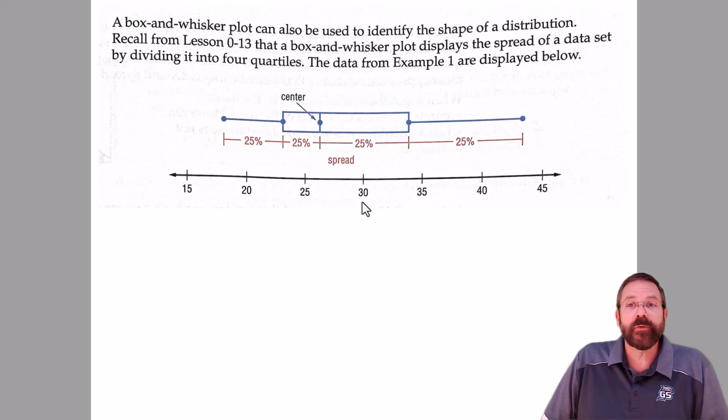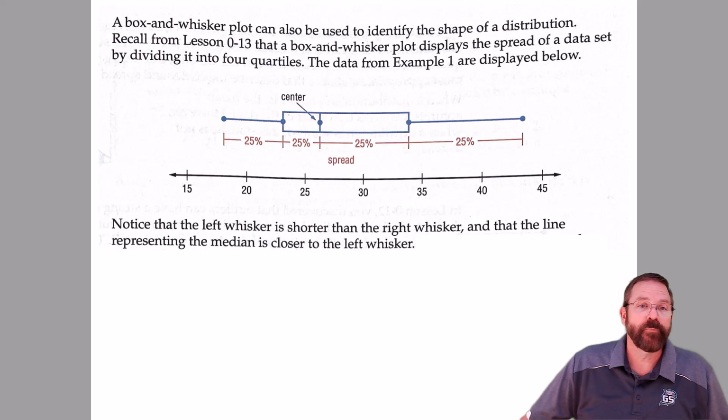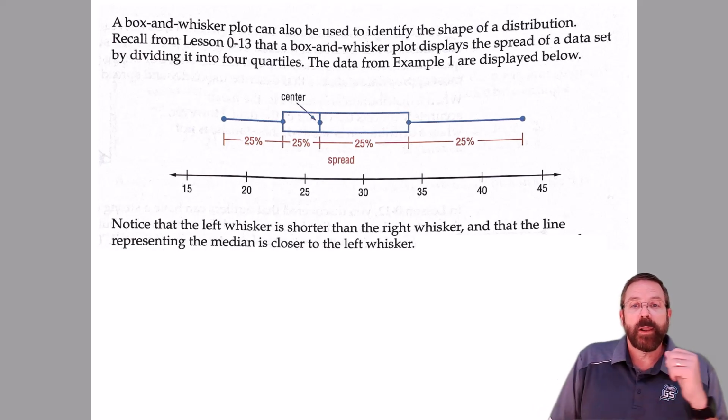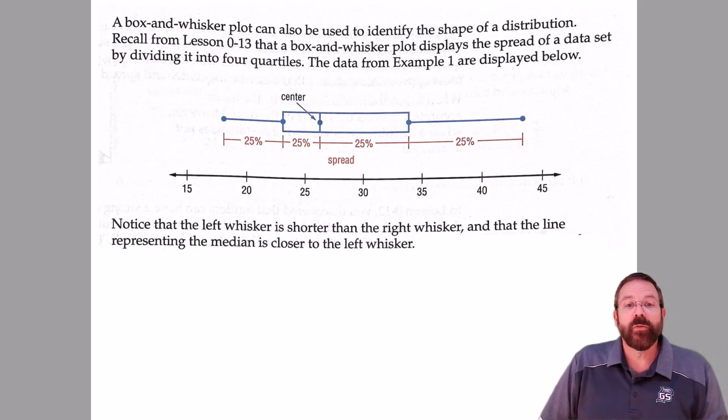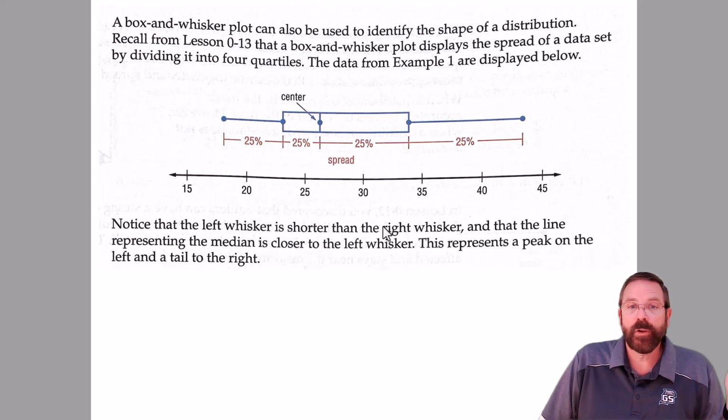Let's take a look at this one and see what we can learn from looking at a box and whisker plot. First, we're going to notice that the left whisker is shorter than the right whisker, and that the line representing the median is also closer to the left than it is to the right. What does that mean? Well, that means that the data are going to be kind of bunched up on the left-hand side.